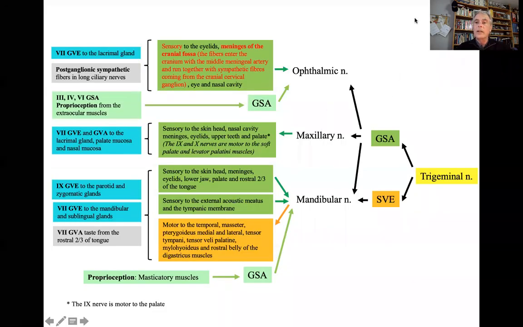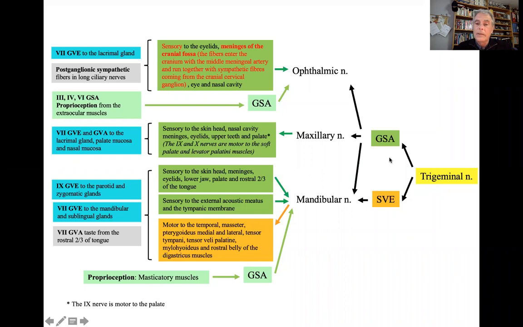So the trigeminal nerve is a nerve that has two types of components, but is divided into three nerves: ophthalmic nerve, maxillary nerve, and mandibular nerve. As you may understand, or in a deduction, the ophthalmic nerve reaches the area of the eye, the maxillary nerve reaches the maxilla, and the mandibular nerve reaches the mandible.